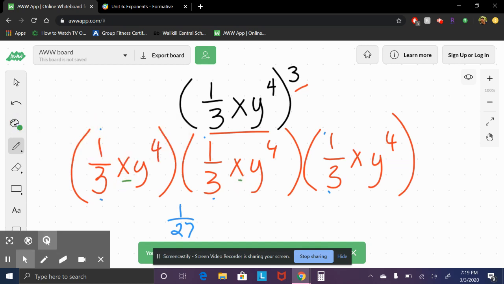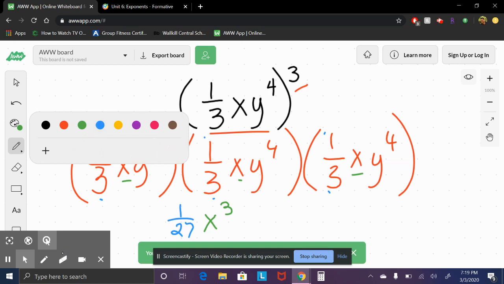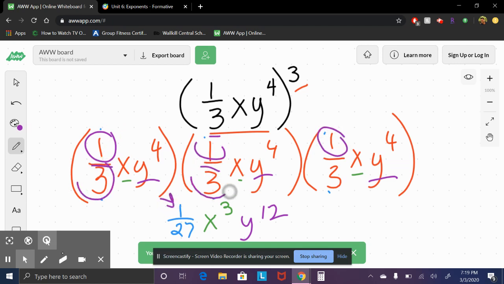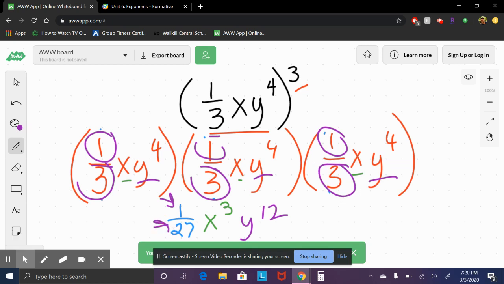X times x times x, there's 3 x's, so x to the third. And then the y's, 4 here, 4 more, and 4 more, so that's 12. So with fractions, you simply multiply the numerators together to get the top, and then multiply the denominators together to get the bottom. So you don't have to use your calculator for those, and that would be your final answer.